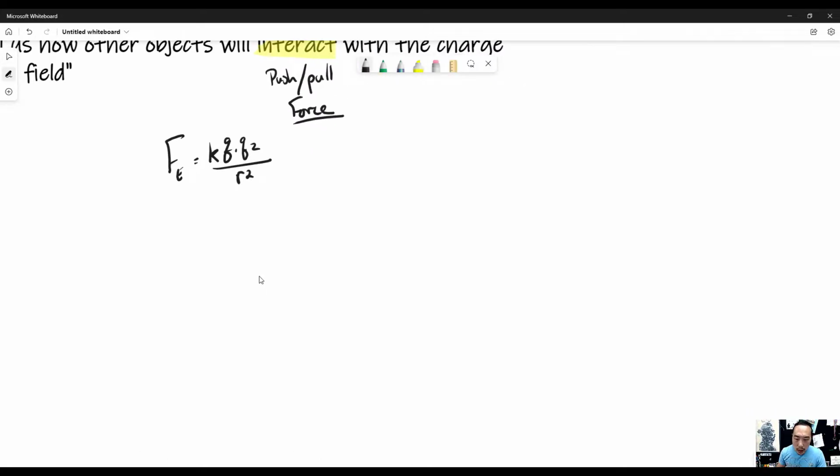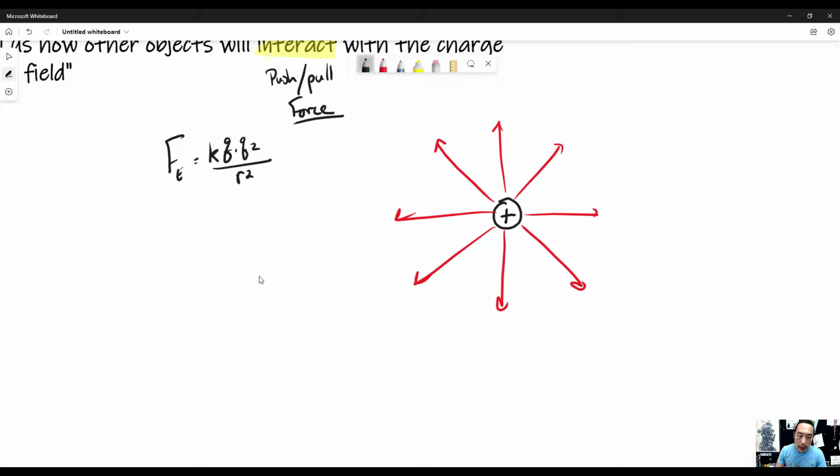If we have a positive charge here, we can say that that positive charge has an E field going out radially outwards, like so. Now let's say we put another positive charge along this E field here. And the question is, what will happen to that new positive charge? According to Coulomb's law and the fundamental law of charges, that charge will feel a repulsion away from the primary charge.